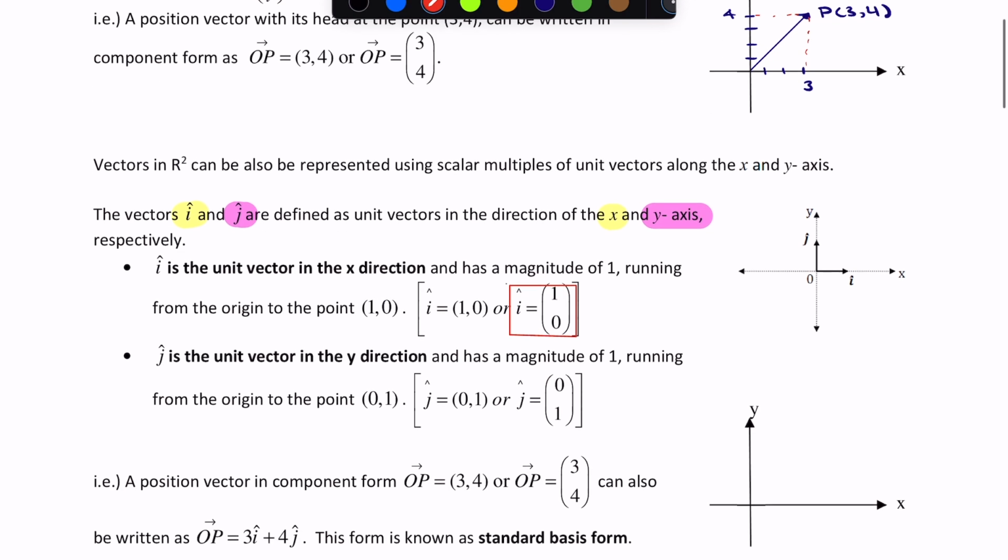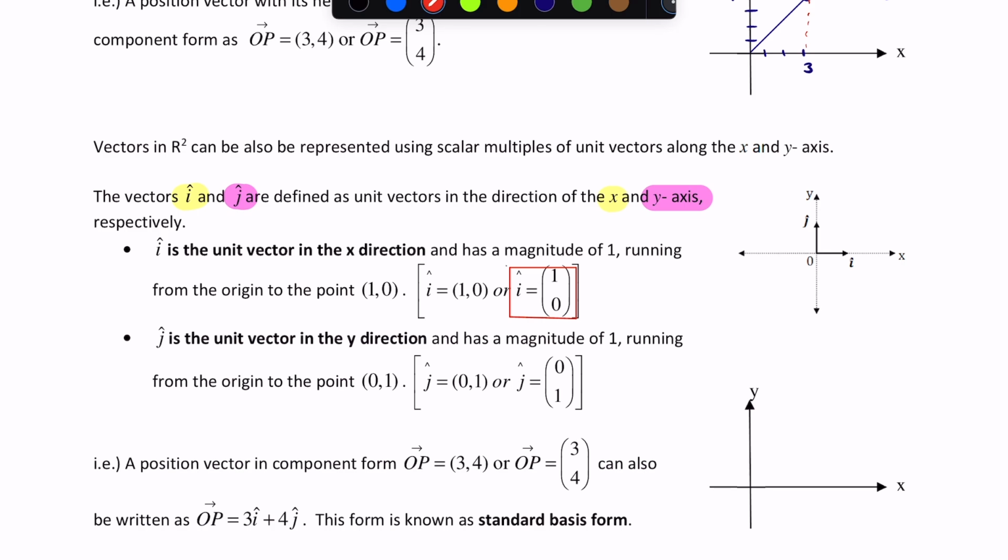j is the unit vector in the y direction, with a magnitude of 1, running from the origin to the point (0, 1). So j is equal to (0, 1) in coordinates, or shown in component form as 0 and 1. You can see that j is at coordinate (0, 1) and i is at (1, 0), starting from the origin.